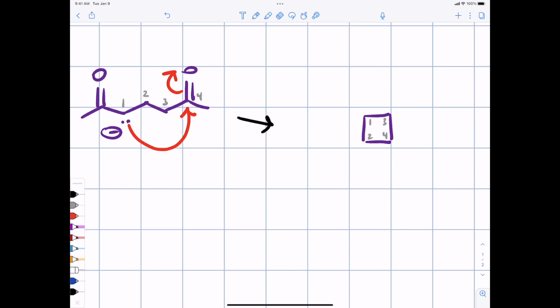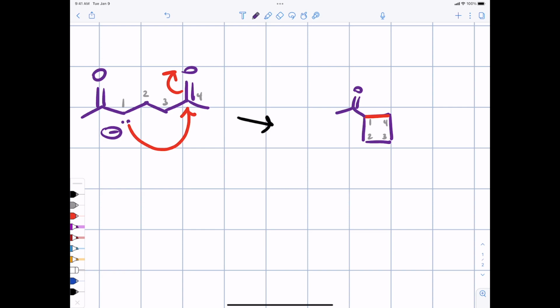No, that's actually not how we're going to number them. We made a new bond between 1 and 4. That's here. Carbon 1 was an alpha carbon, alpha to this carbonyl group.